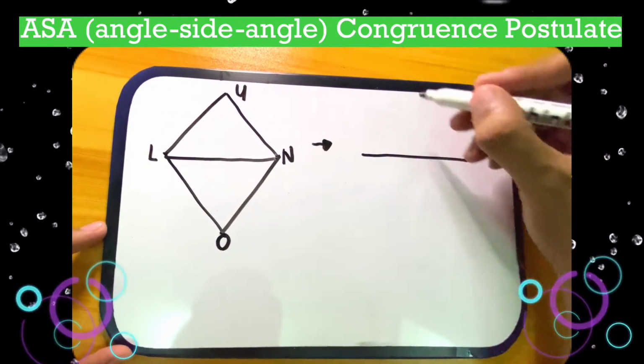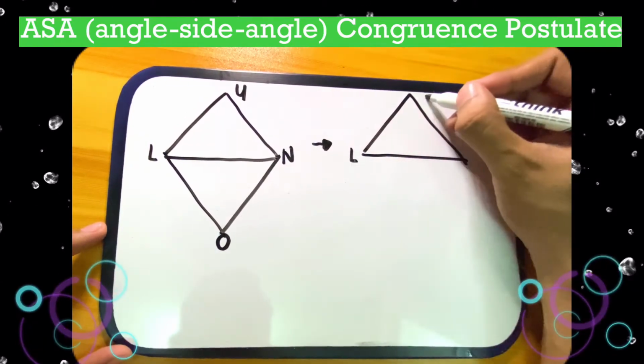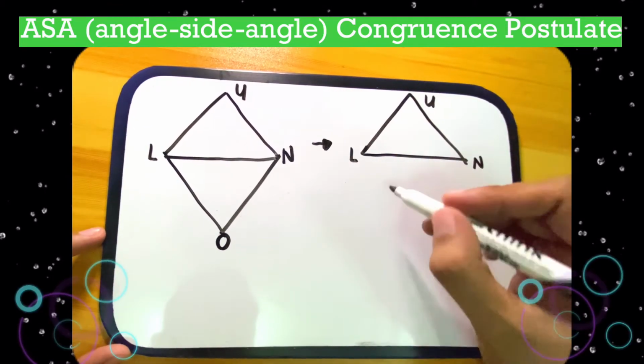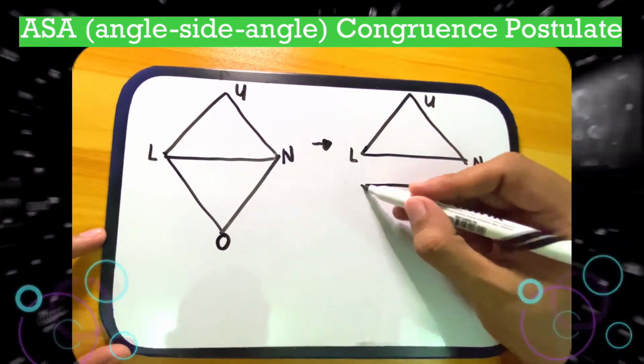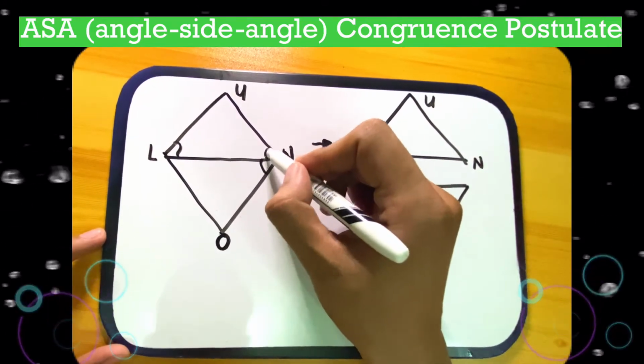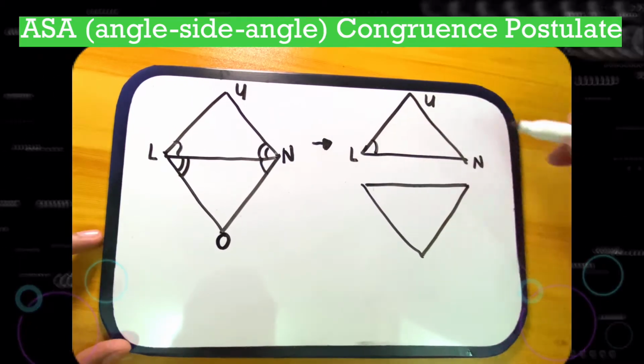The first triangle will be like this. So LUN. Okay, so I forgot here. So that is one.